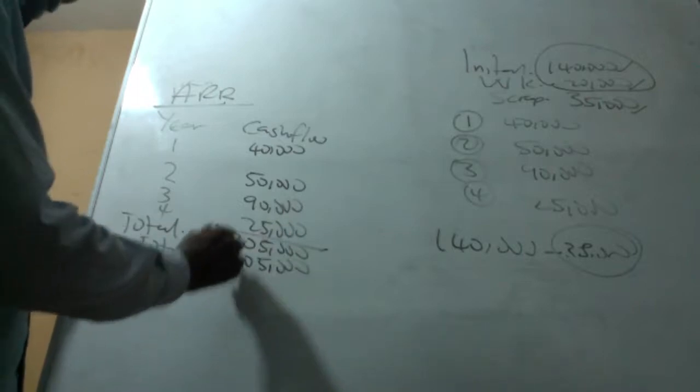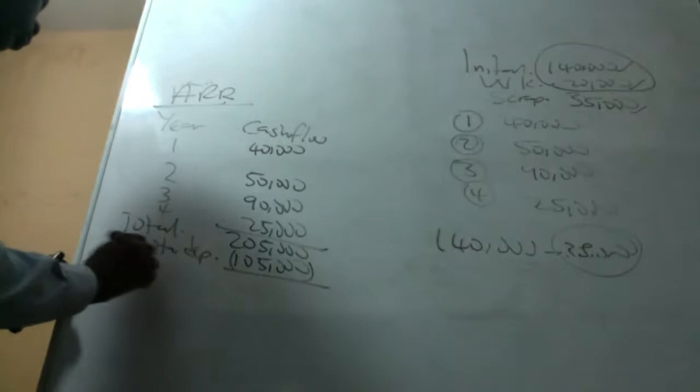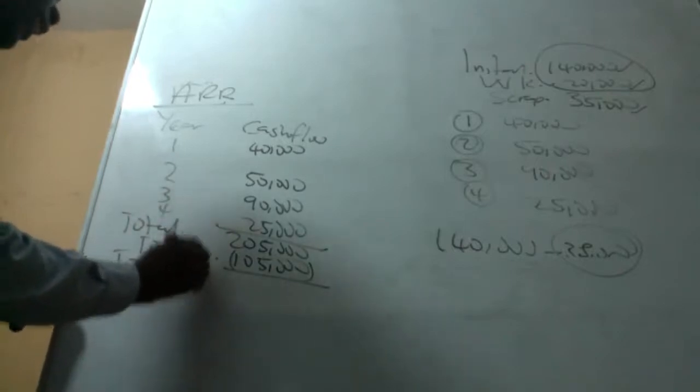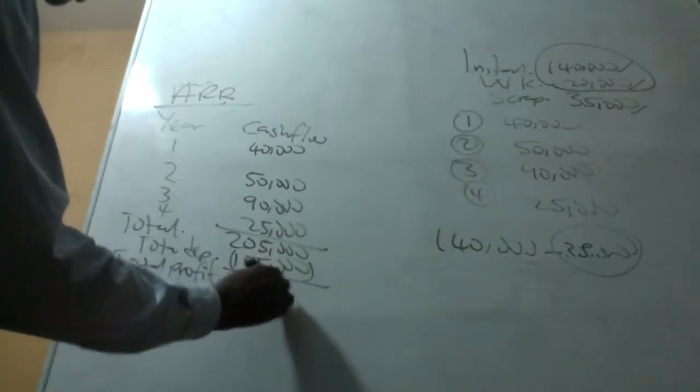The total depreciation here is 105,000. Therefore, what's the total profit? Accounting profit, not cash flow. You get 100,000. Now, what will be the average?